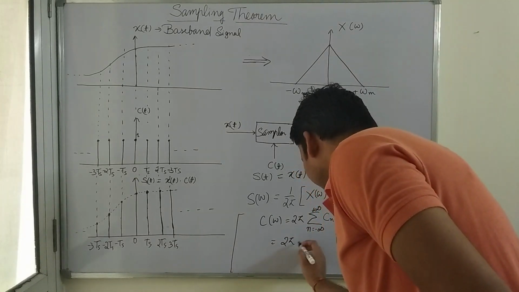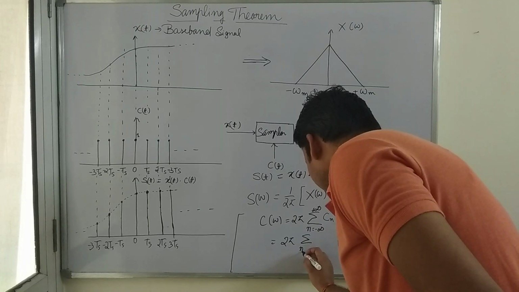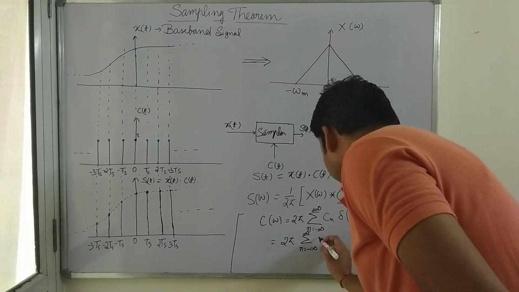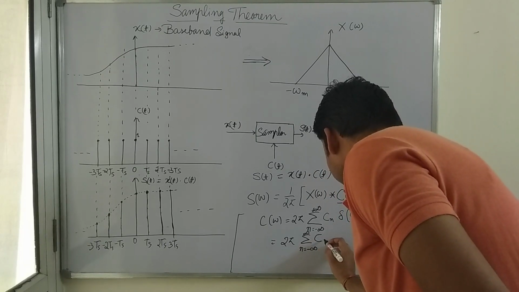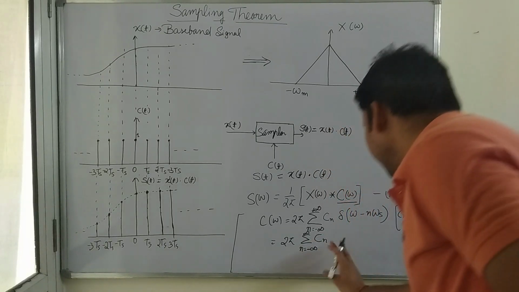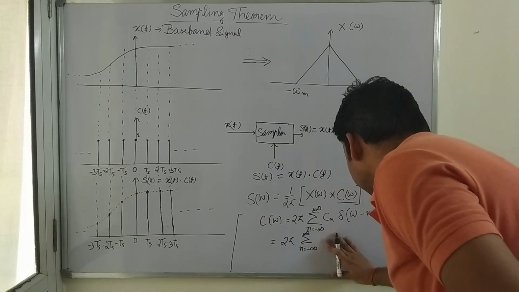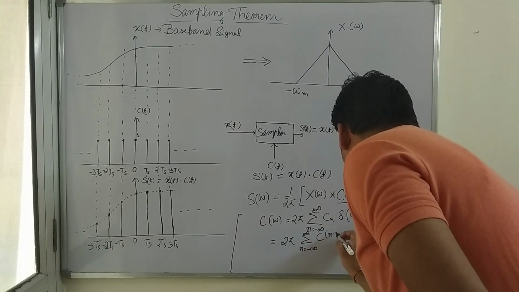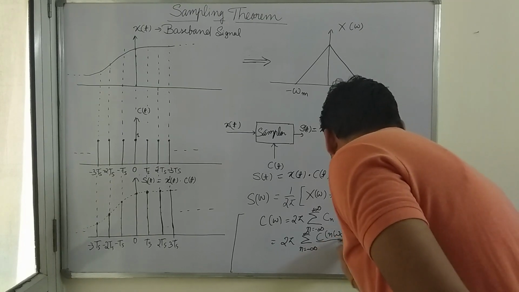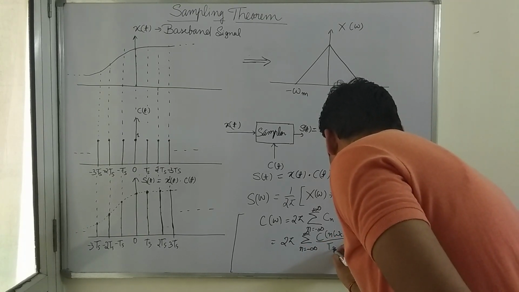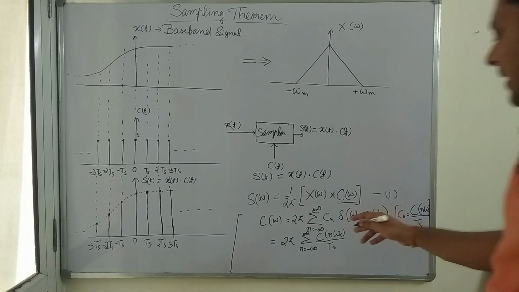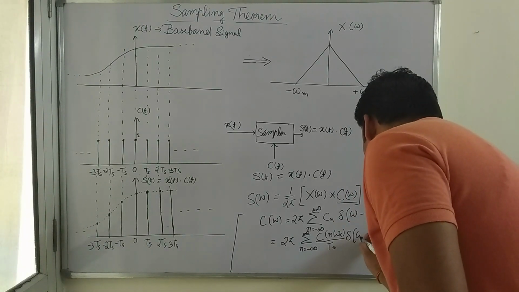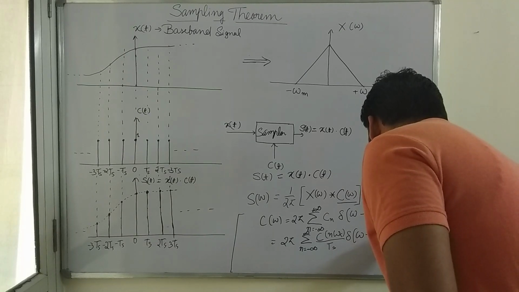Let's put it here. It will become 2 pi summation n equals minus infinity to plus infinity, then Cn is put as c(n omega s) divided by Ts, then delta of omega minus n omega s.